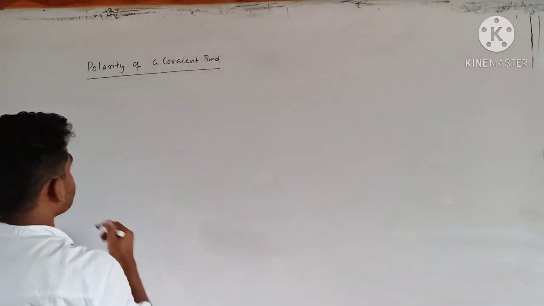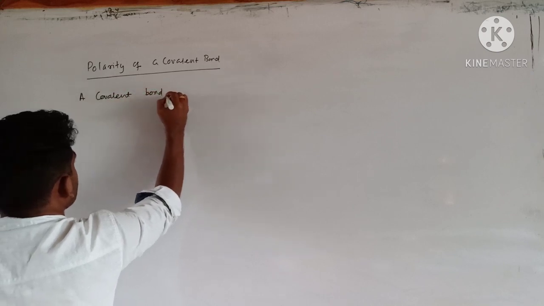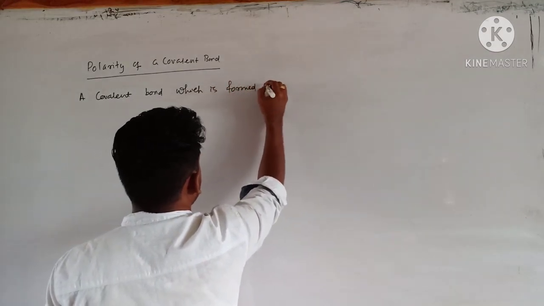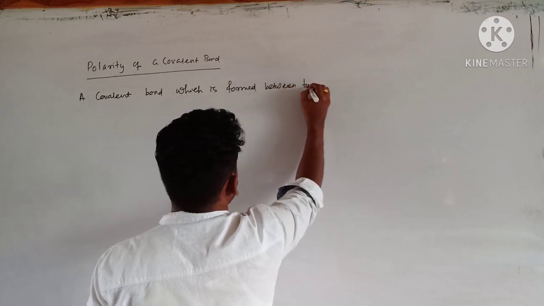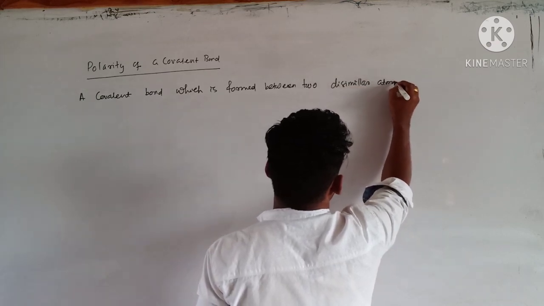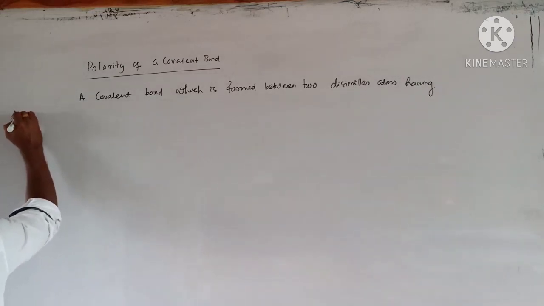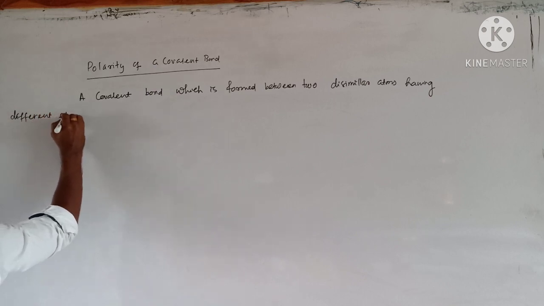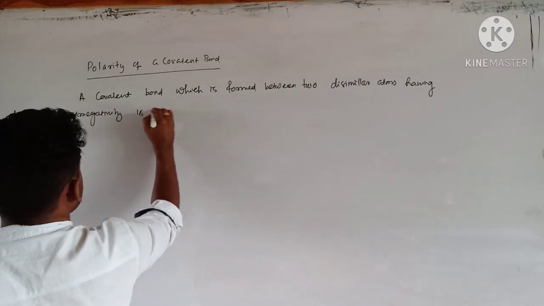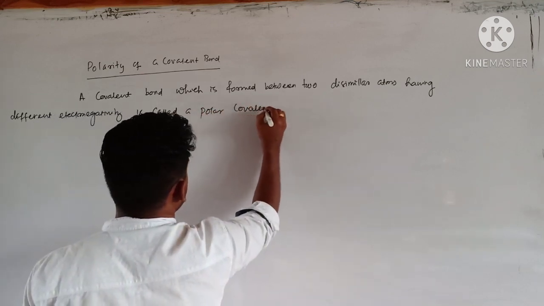Okay, so I can write over here: a covalent bond which is formed between two dissimilar atoms having different electronegativity is called a polar covalent bond.